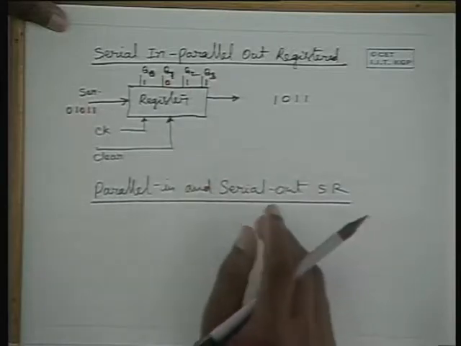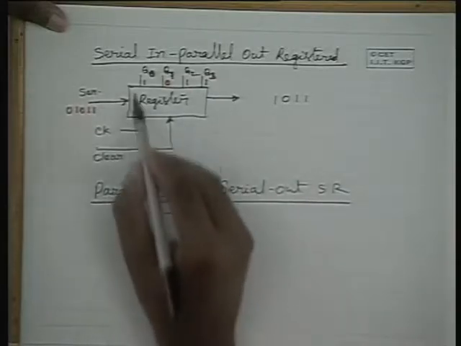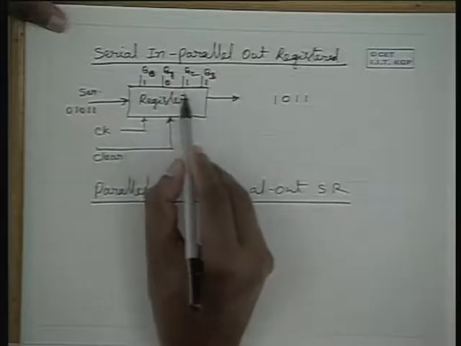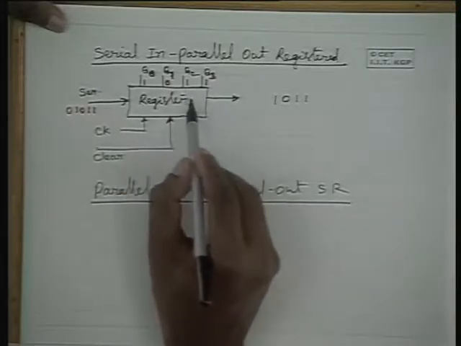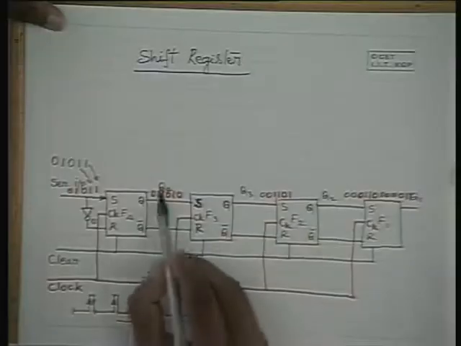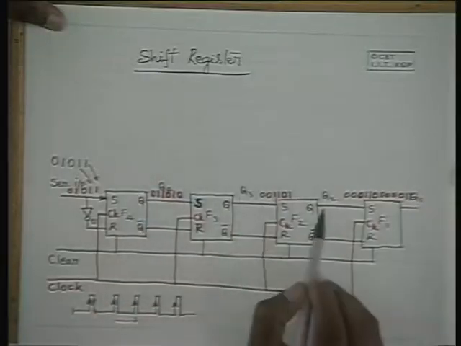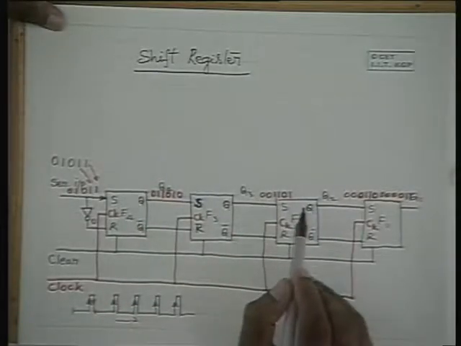Then the question is, how do we store this information? How do we load this parallel data into the shift register? So let us look back at the shift register circuit. Now we have to load data into the shift register through parallel inputs.